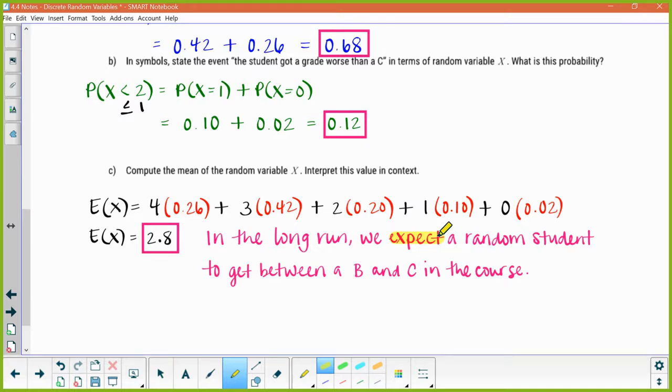So take your numeric value, bring it back, give it context, and talk about how, in general, this is what we would expect to see based on this probability distribution.